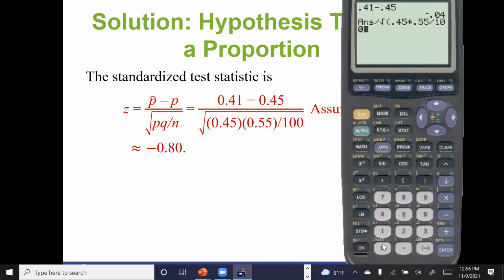Now, I'm not putting extra parentheses on here, because if you just have one thing in your denominator, you're absolutely fine. It's just going to keep it there. So negative 0.80 looks like, if we're going to do 2 decimal places for our z-score, negative 0.80. Okay.